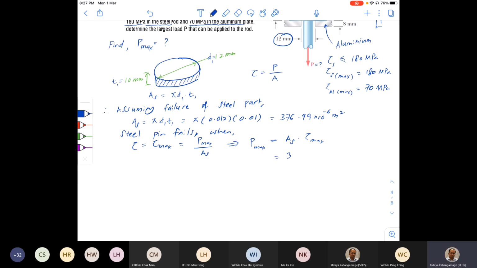That is 376 into 10 power minus 6, into tau max for steel, I mark it as S max, which is given as 180 megapascal.